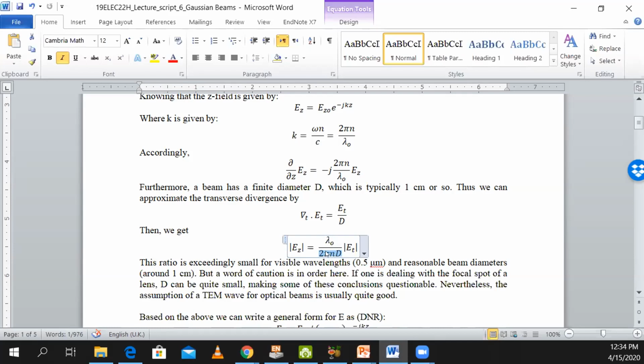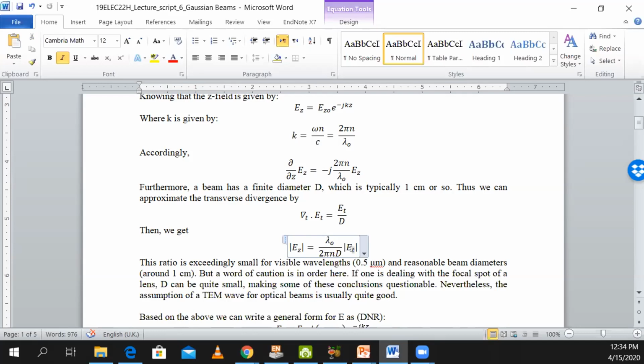Then that means that Ez is 10 power negative 4 smaller than Et. In other words, if you have an electric transverse component of, for example, 1 volt per meter, the Ez component will be 10 power negative 4 volt per meter.